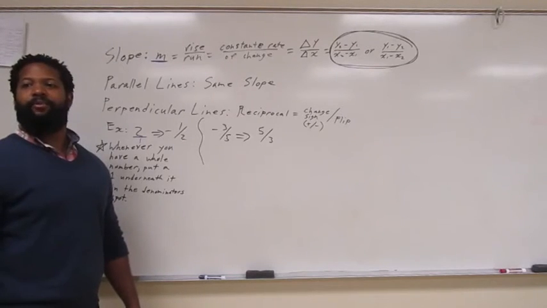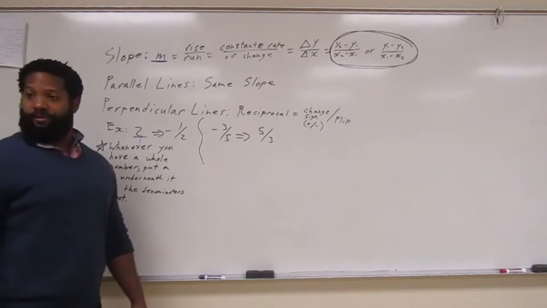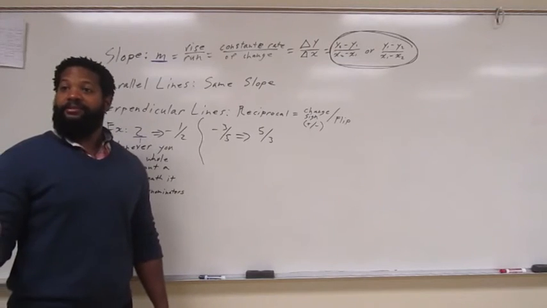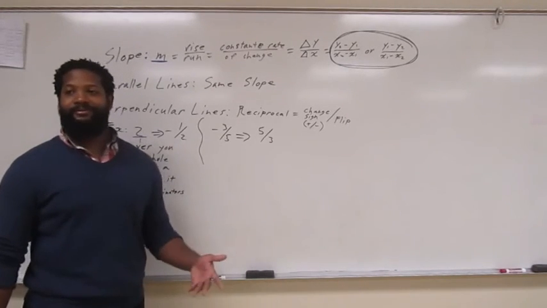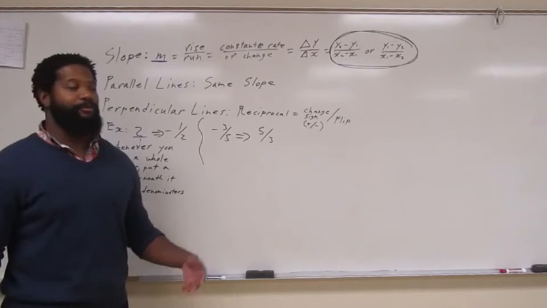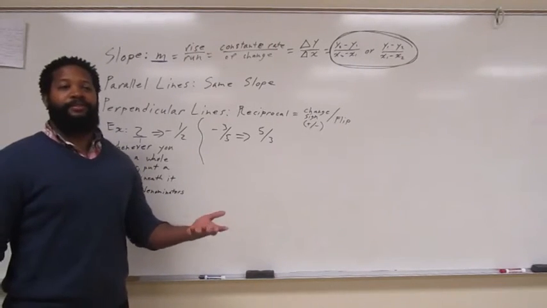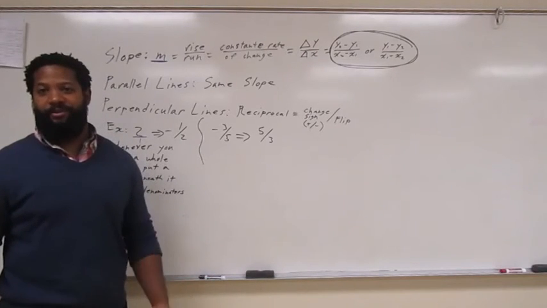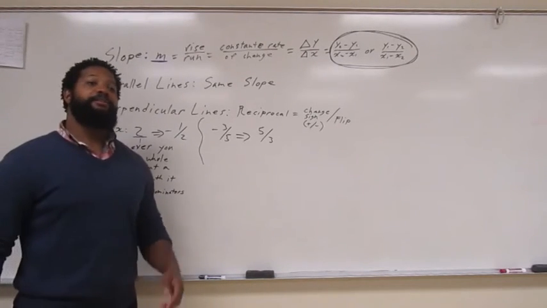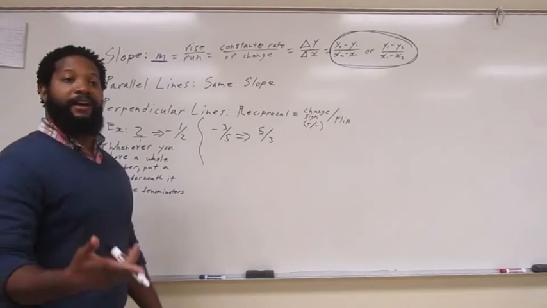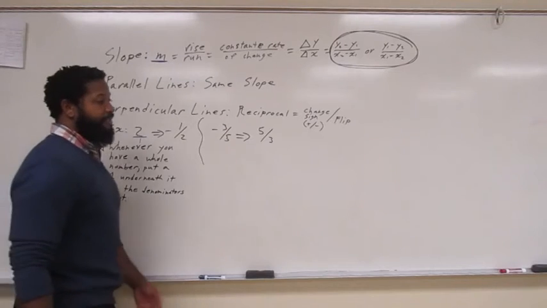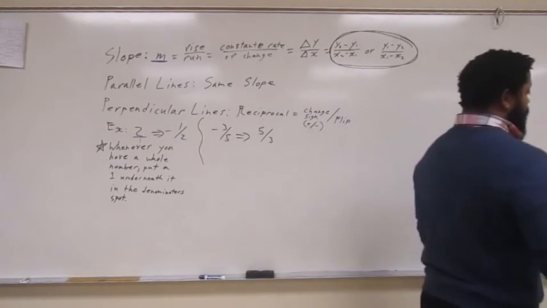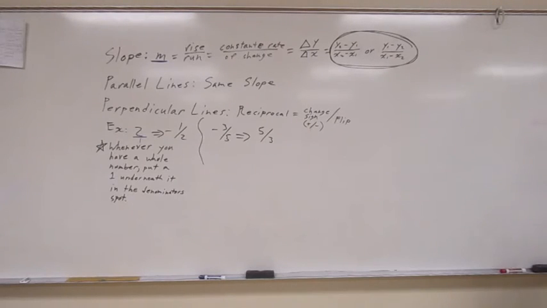Y is equal to negative x. Then what's next to that x? A 1. And everybody knows 1 over 1. Just change the sign. The reciprocal of a negative 1 over 1 is a positive 1 over 1, and vice versa. All right? Don't worry, I'm going to be going over the undefined and the zeros in a second, okay? But just so y'all will be clear, all right?